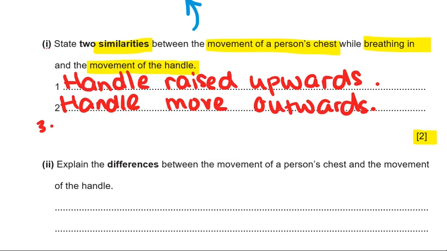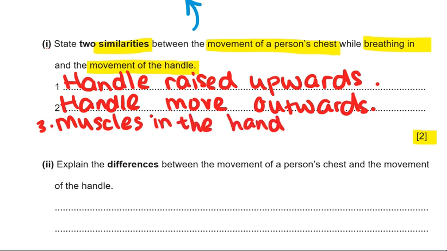So you can say that muscle in the hand contracts, and you also have your intercostal muscles, the external ones, that would contract to move the rib cage upwards and outwards during breathing in.